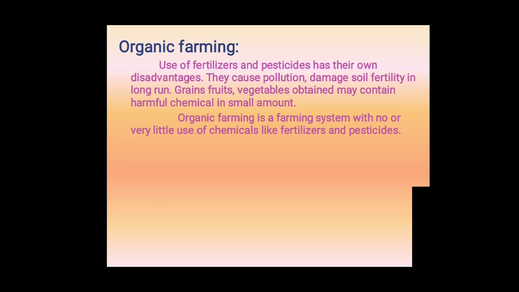Grains, fruits and vegetables obtained may contain harmful chemicals in small amounts. Organic farming is a farming system with no or very little use of chemicals like fertilizers and pesticides. Otherwise, we are using chemical-free substances for the crops, that we call organic farming.